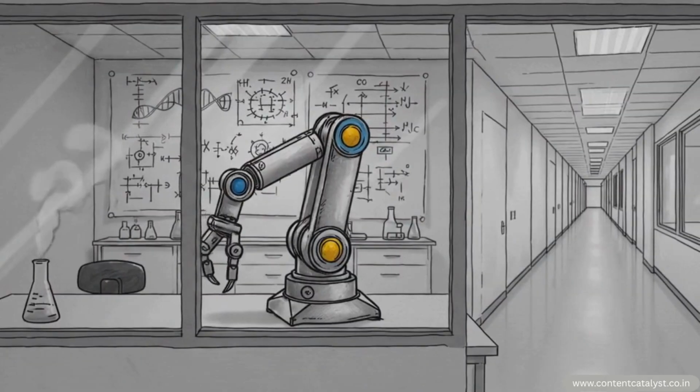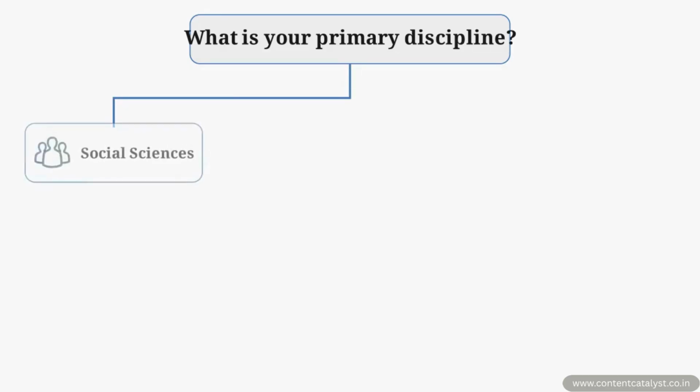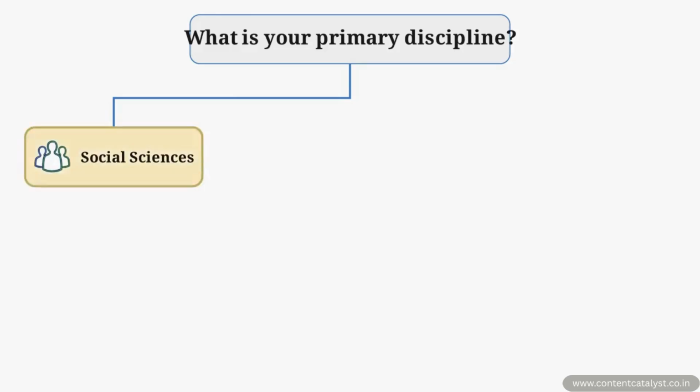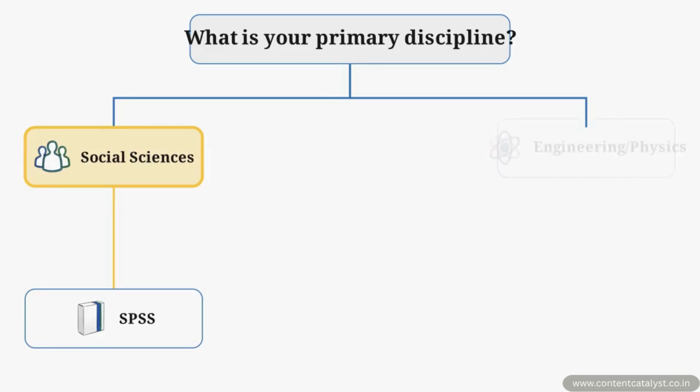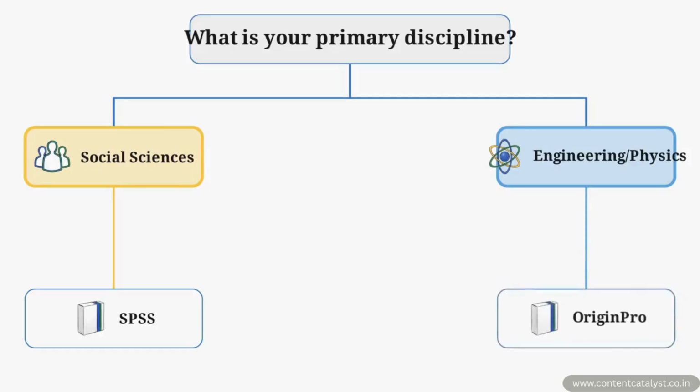This flowchart maps out the ideal software choice based on your field. We start with your primary discipline. If your work is rooted in survey data and sociology, you should avoid Prism. You will be much better served by a tool like SPSS, which is built specifically for social science methodologies. If you are in engineering or physics and need heavy mathematical graphing capabilities, follow this path.